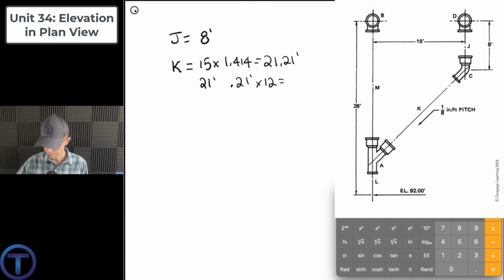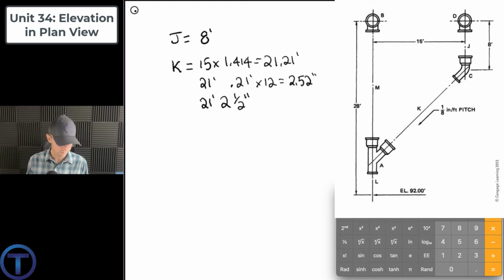So 0.21 times 12 is going to give us 2.52 inches, 21 feet, and 2 is pretty close to a half, right? 0.5. We'll just call it 2.5 inches. All right, that's K. 21 foot, 2.5 inches.